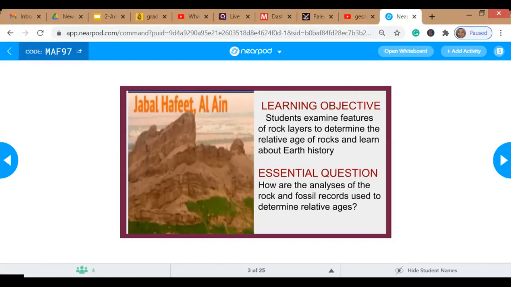So you will all see how the rock layers can be helpful to find the age of rock and the age of earth. So our essential question that we will keep on going through the whole lesson is how is the analysis of the rock and fossil records used to determine relative age.